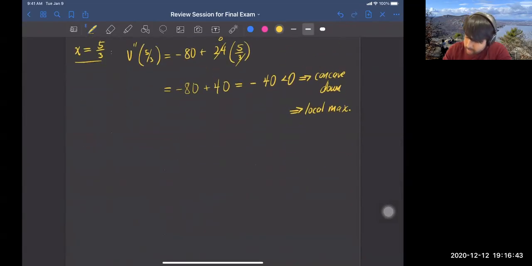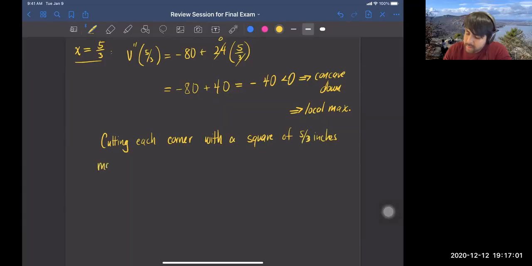Cutting each corner with a square of 5/3 inches maximizes the volume of the box. So x equals 5/3.